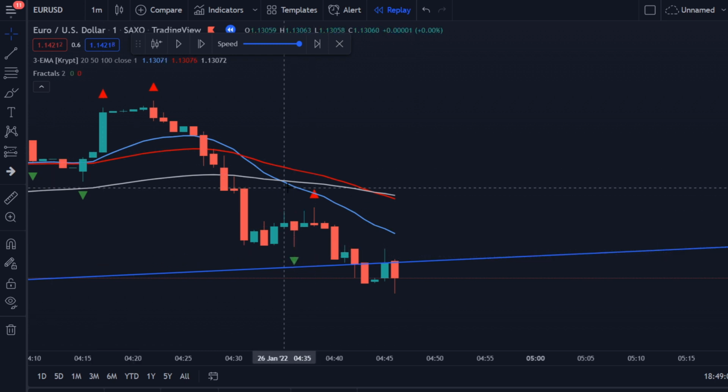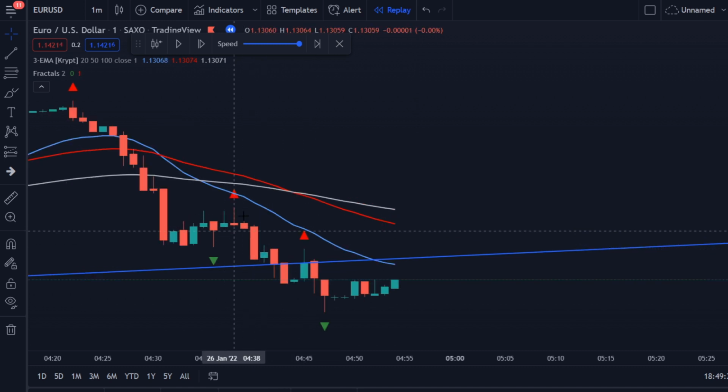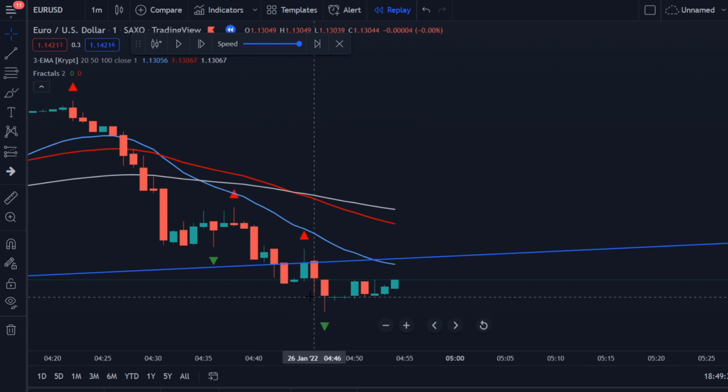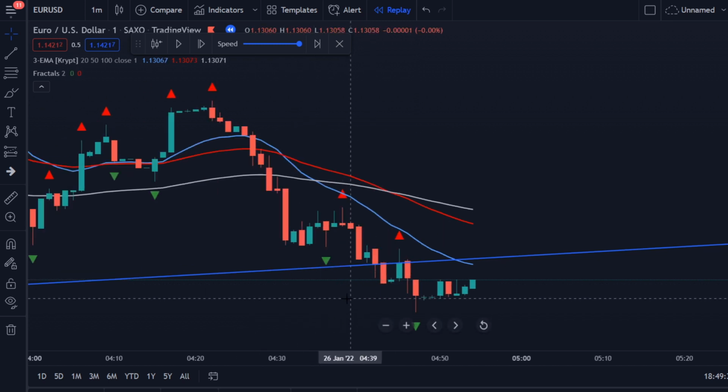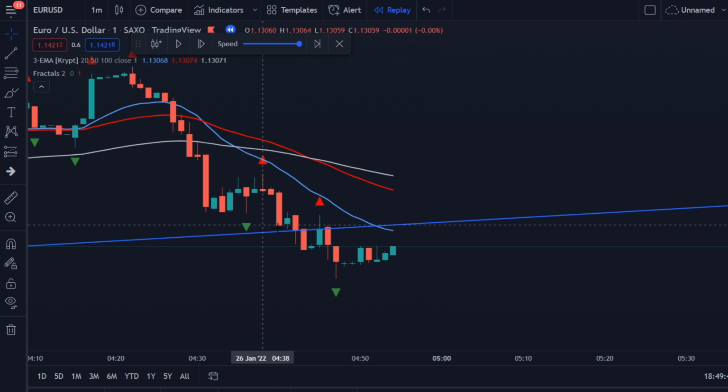And also we see that the trend has changed because the blue exponential moving average, the 20, crossed the 50. So we are not looking for any buy opportunities anymore. And as you can see, let's say that we took the buy order, then our stop loss gets hit. And there's not even a possibility to place our stop loss, because we will be using the 50 or the 100 exponential moving average for our stop loss placement.